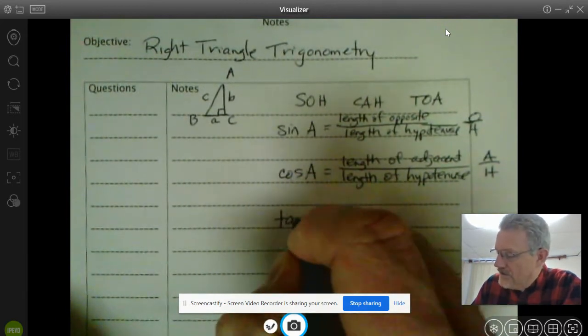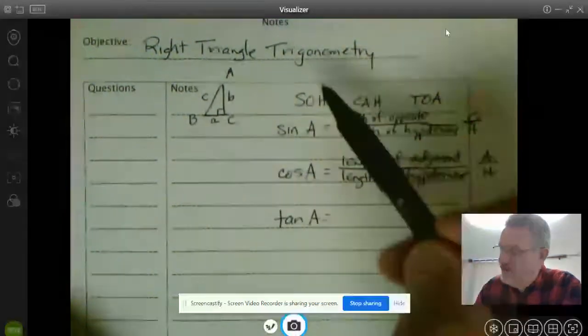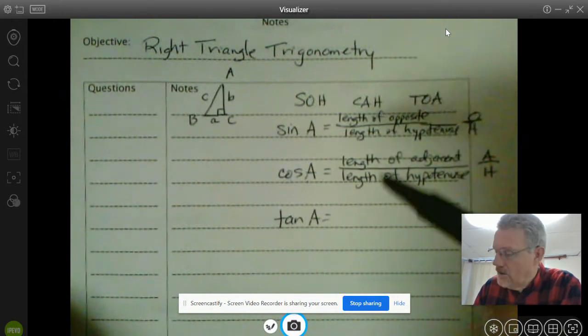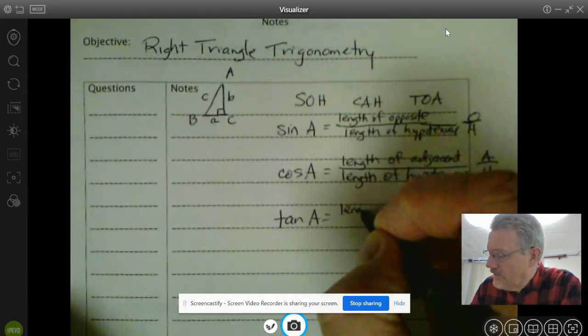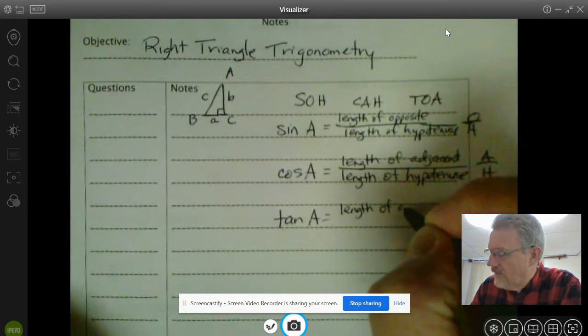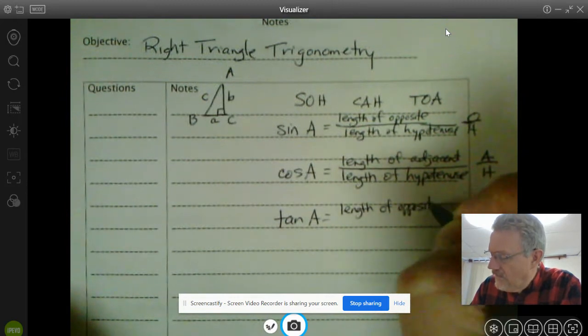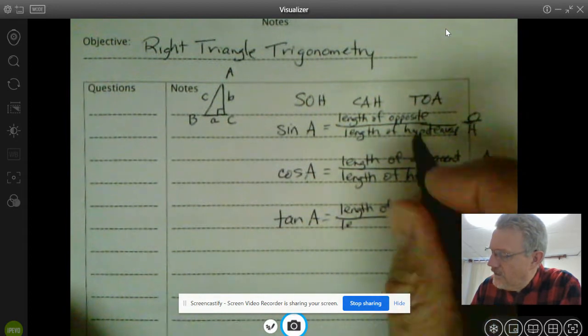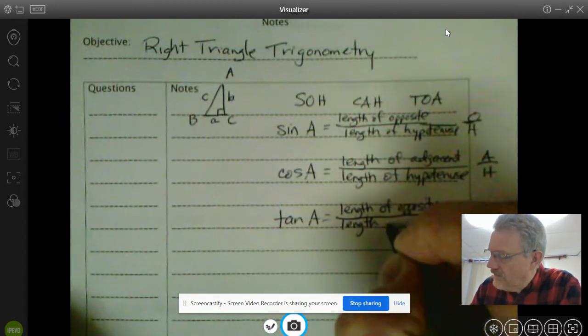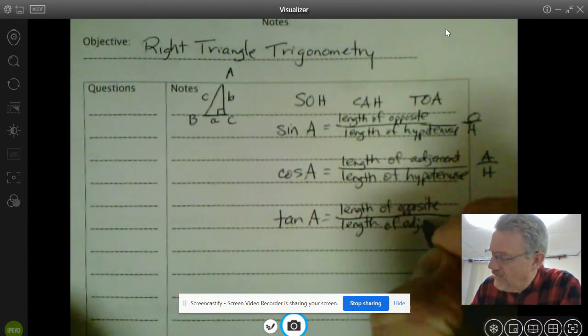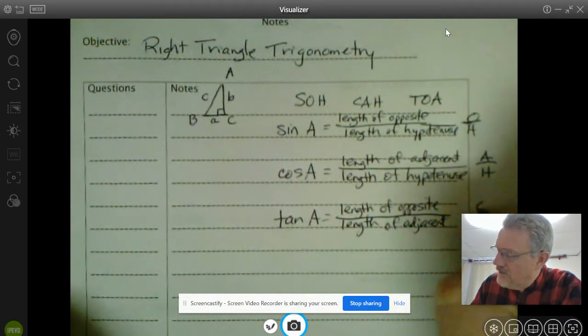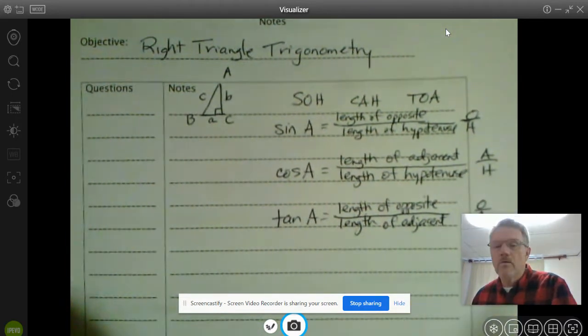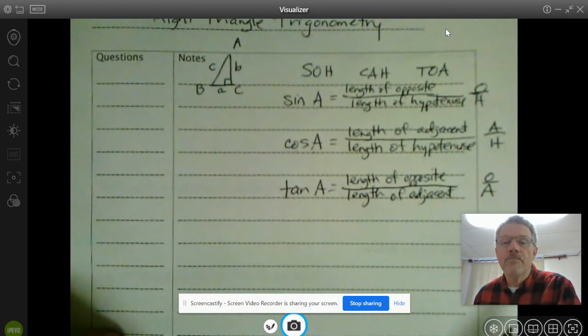So tangent A, that's TOA, so length of the opposite divided by length of the adjacent. So we use O over A for that.